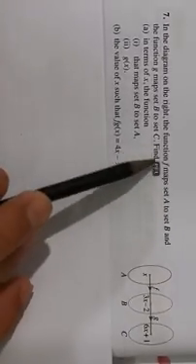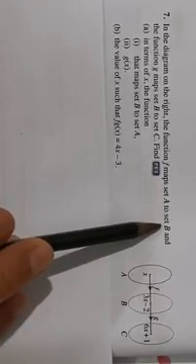Okay, question number 7. In the diagram on the right, the function f maps set A to set B, and the function g maps set B to set C. Find, in terms of x, the function that maps set B to set A. Under f, set A is mapped to set B. They want the function that maps set B to set A. So what is it?